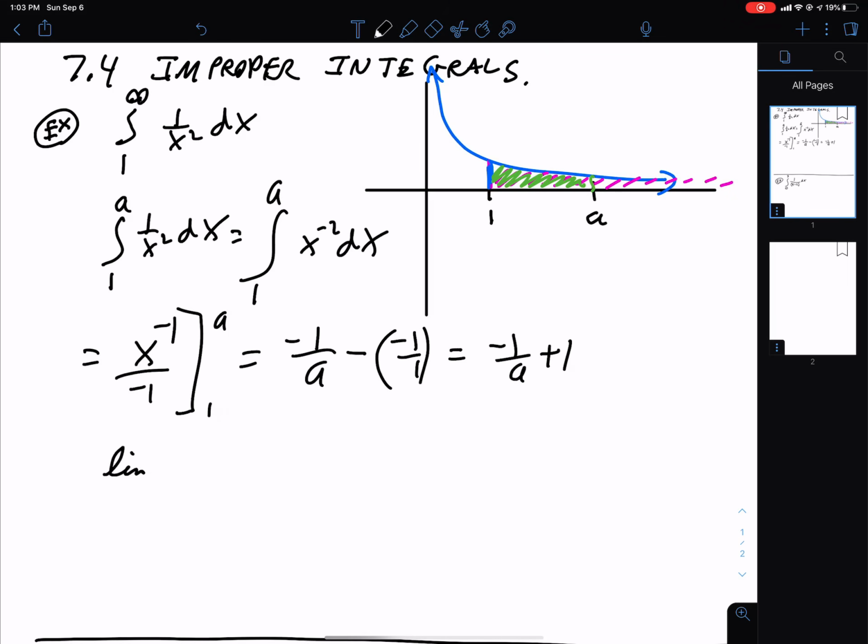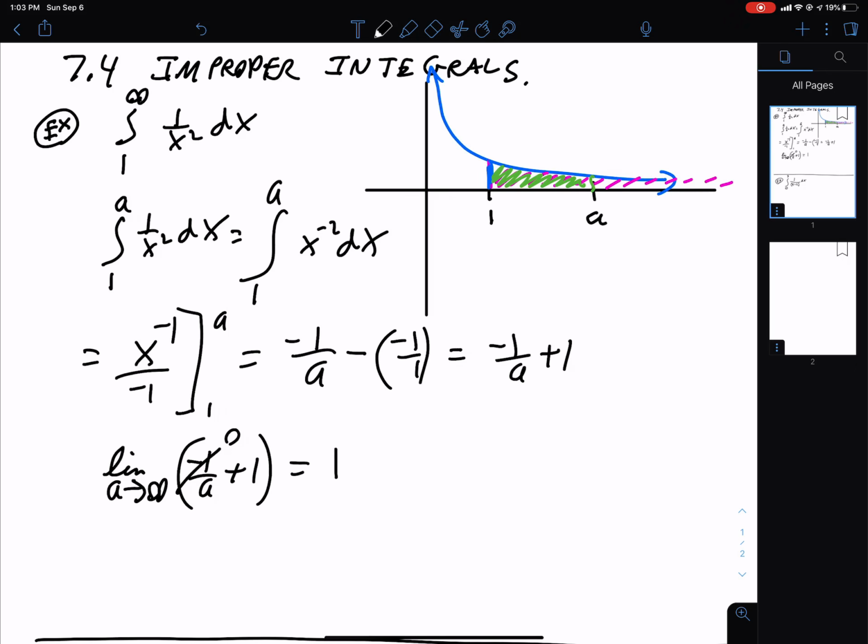We take the limit as A approaches infinity, as A goes to the right forever, of the answer that we had. Now, as you can see here, 1 divided by infinity approaches 0. So that's going to be 0. The answer is 1. So the area under that curve, if you go forever to the right, is 1.